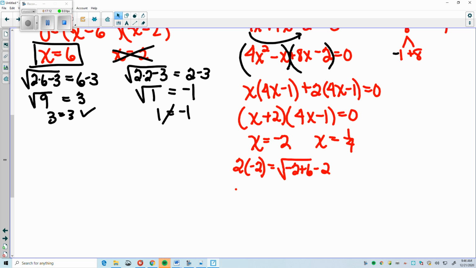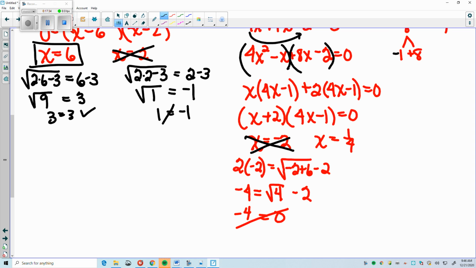So over here, I get a negative 4. Negative 2 plus 6 is going to get me a positive 4, so I get the square root of 4 minus 2. Okay, so the square root of 4 is 2, and 2 minus 2, I get 0. So what I'm finding here, I have to reject this. That's no good, I cannot keep that one.